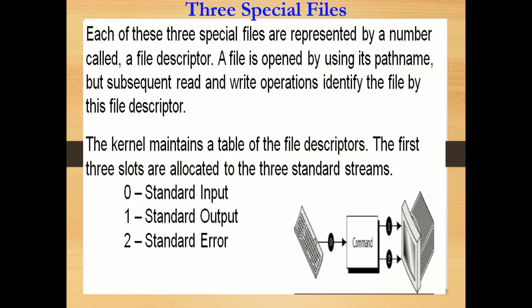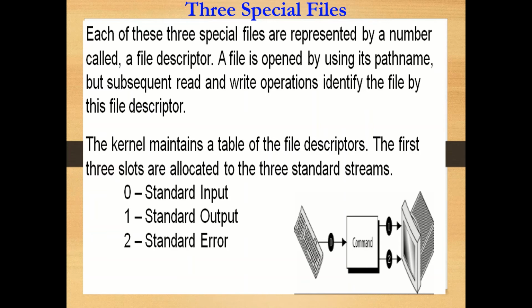Here we are discussing three special types of files. Each of these three files is a special file represented by a number called a file descriptor. A file is opened by using its path name, but subsequent read and write operations identify the file by this file descriptor.